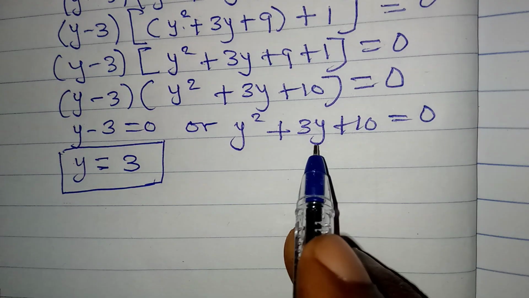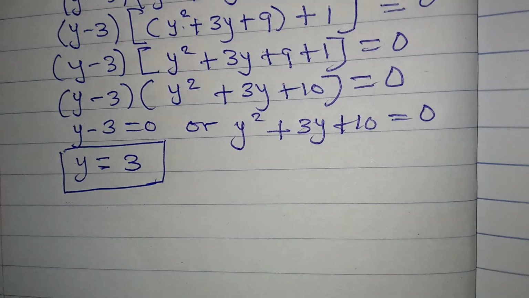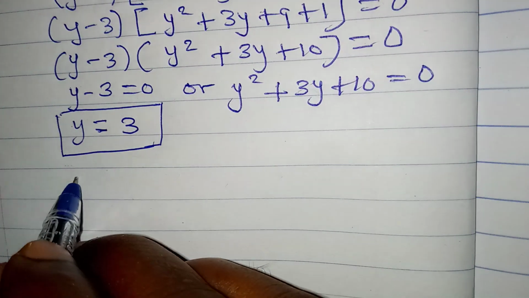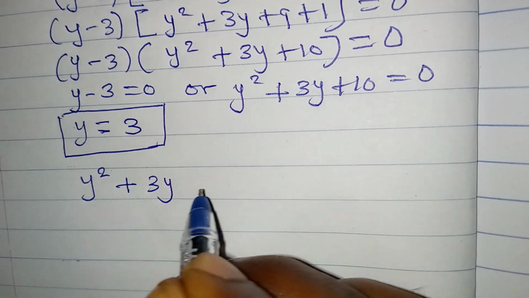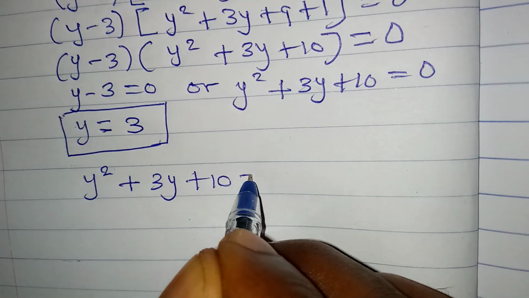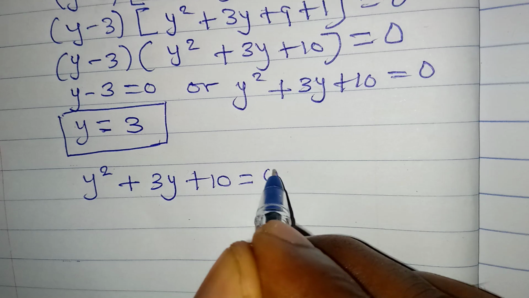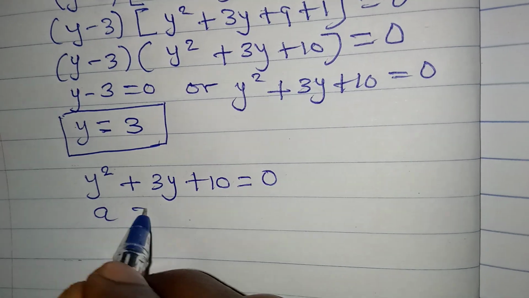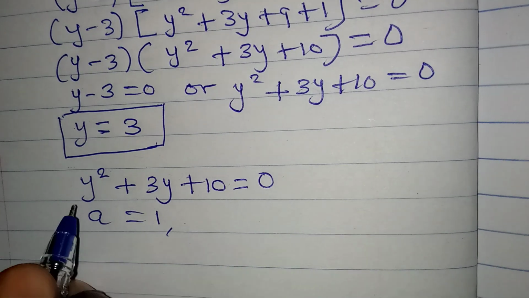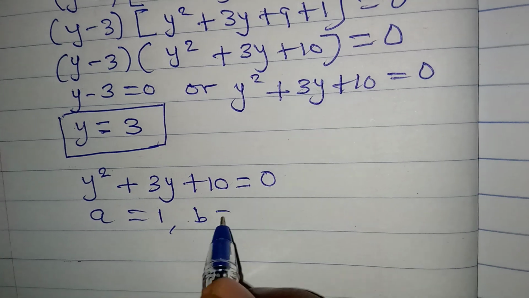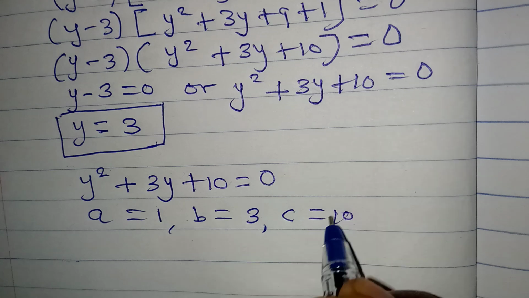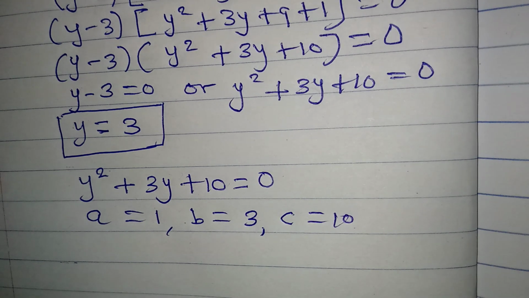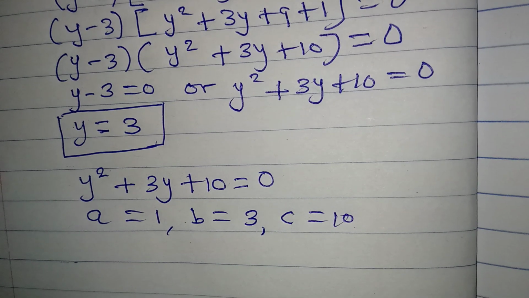Now, to get the other solutions, we pick the quadratic equation over there. We have y squared plus 3y plus 10 equals 0. According to this, a is 1, the coefficient of y squared, b is 3, the coefficient of y, and c is 10. Now, what is the formula for the quadratic equation?